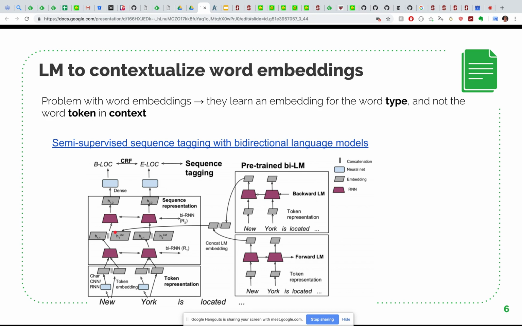However, we could think that contextualized word vectors should be sufficient. But they found that if they only use contextualized word vectors, the scores are not as good. So they had to combine both, pre-trained word vectors and contextualized word vectors.